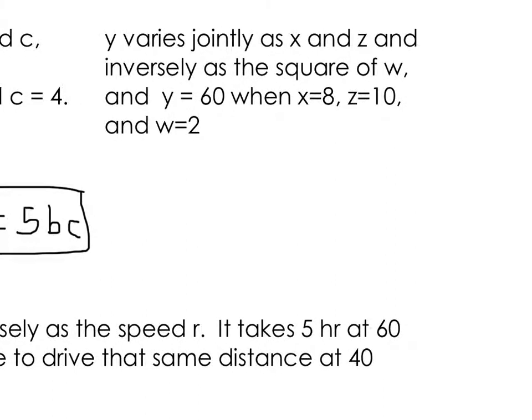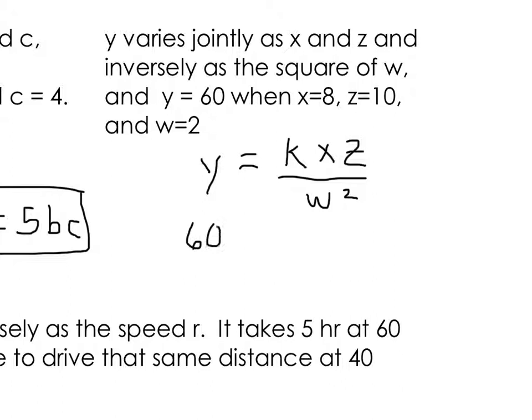Y varies jointly as x and z, and inversely as the square of w. Let's put our values in. Y is 60. We don't know what k is. X is 8. Z is 10. And w is 2.